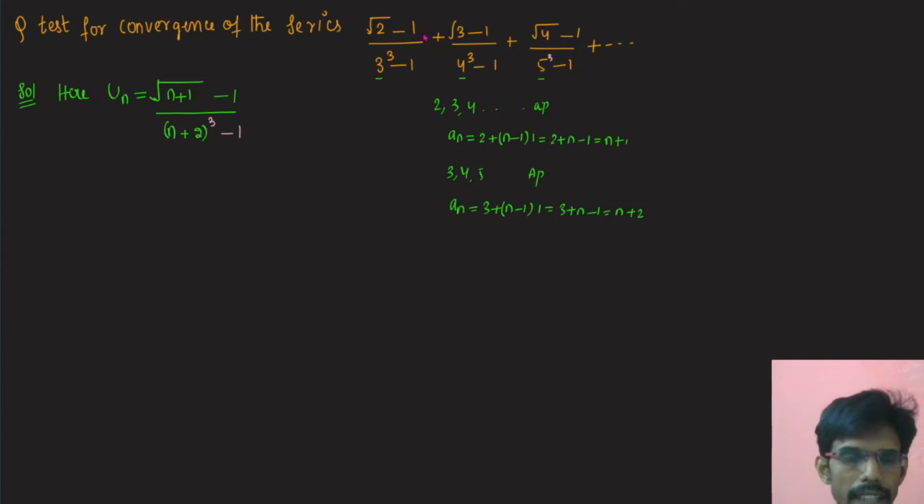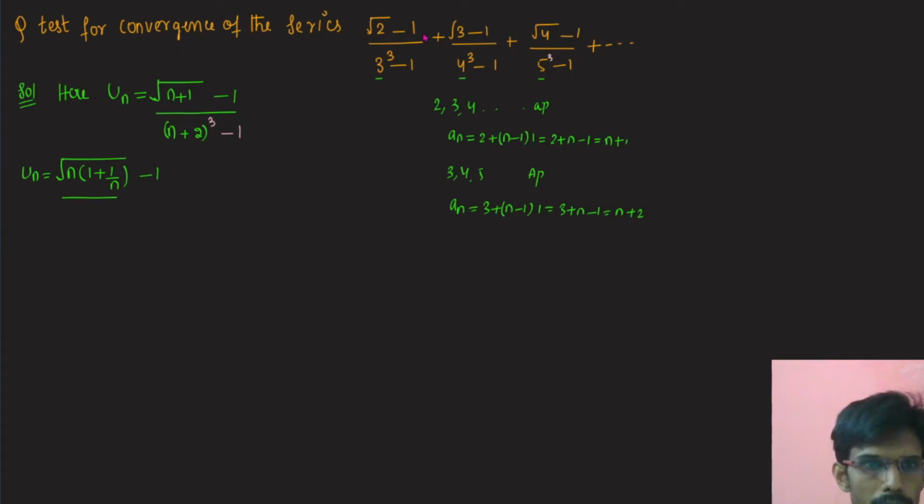Now after getting the general term, take common the highest power of n from the numerator as well as from the denominator. So un is equal to under root, we have this n. Take n common, we have 1 plus 1 by n minus 1. In the denominator, take n common, we have 1 plus 2 by n whole cube minus 1.